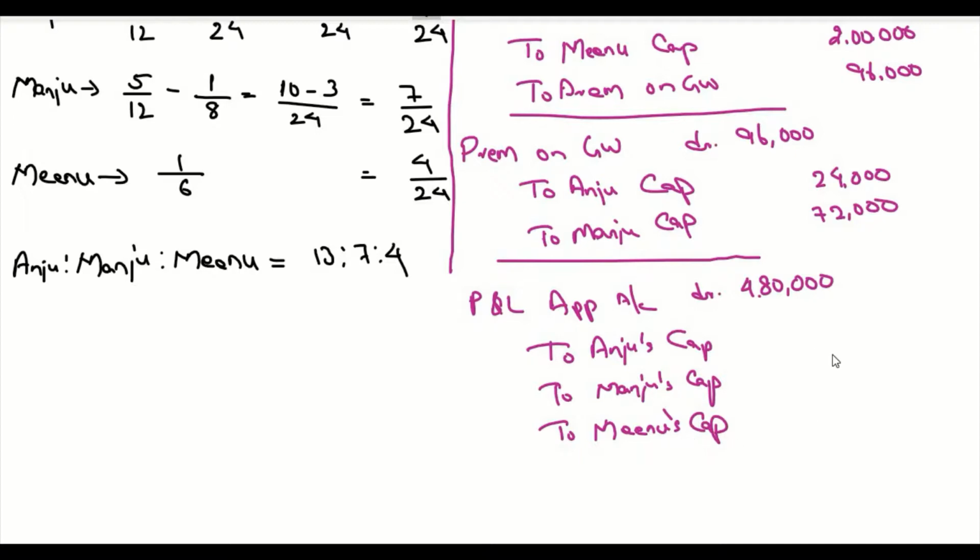That's going to be 2,60,000 for Anju. That's based on the new profit sharing ratio, which is 13:7:4. 2,60,000 for Anju, 1,40,000 for Manju and 80,000 for Meenu.